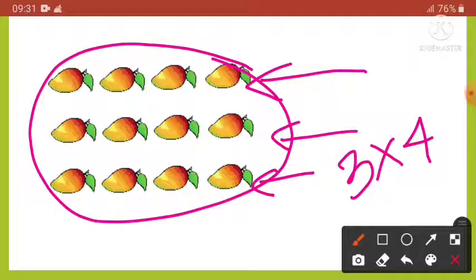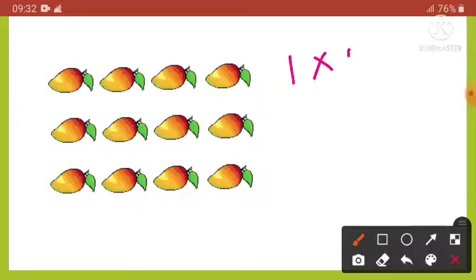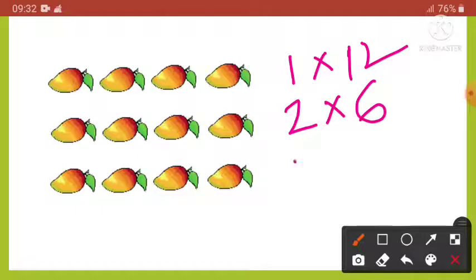Okay, so we got the arrangement of mangoes here. Like for the first one it is 1 into 12, next is 2 into 6, and next one is 3 into 4. Okay, so all the arrangement we can do for 12 mangoes.